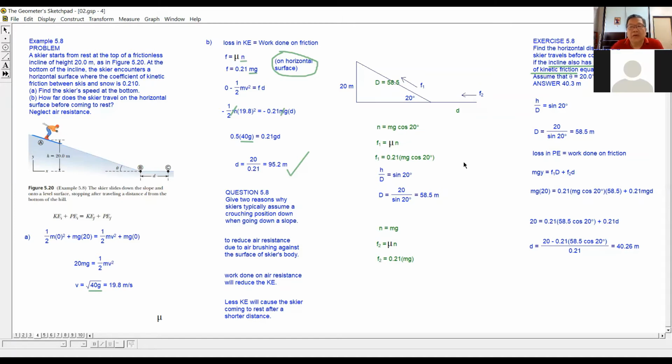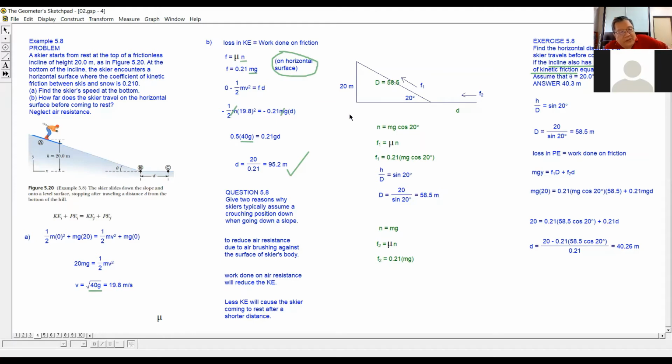But that is not all. We need to know how far this skier travels along the surface, because this is the distance that he is exposed to the frictional force. It is not the vertical height.